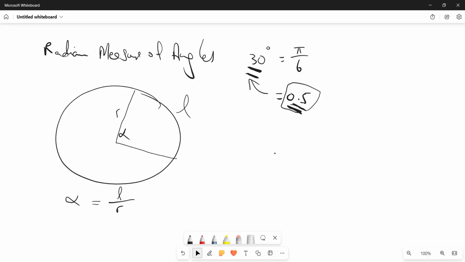And from this you can see that the length of a line segment is given by that. I used alpha here, but I think your notes didn't use alpha.